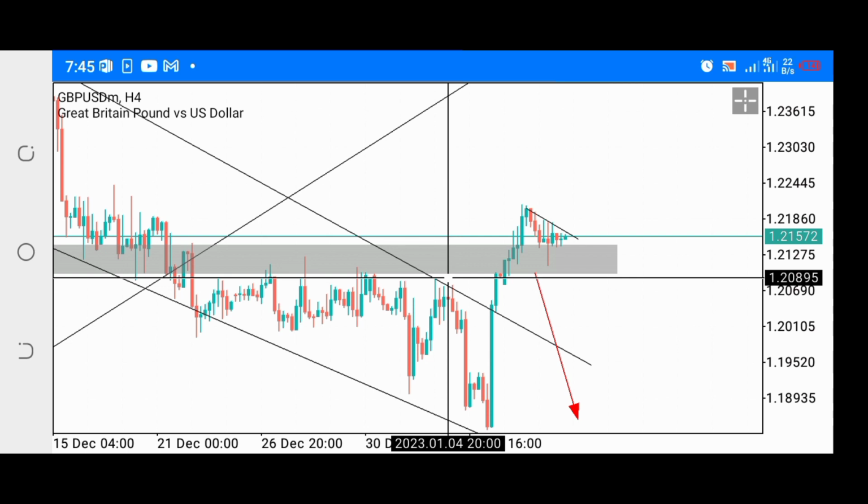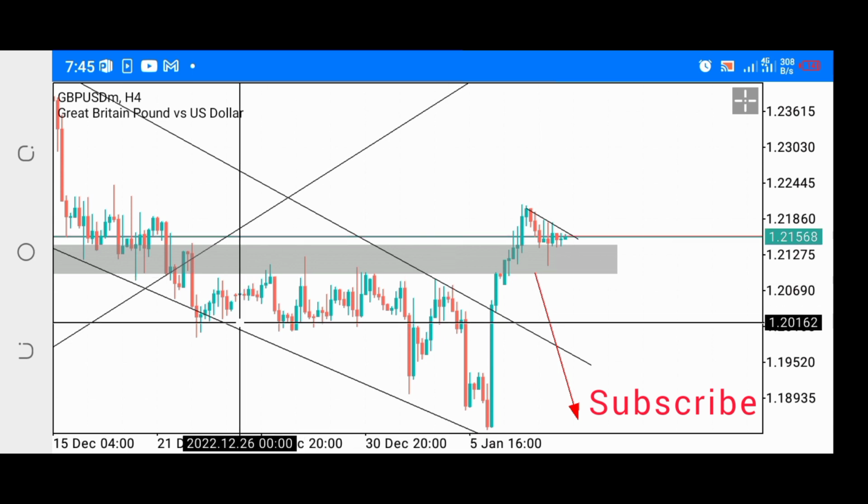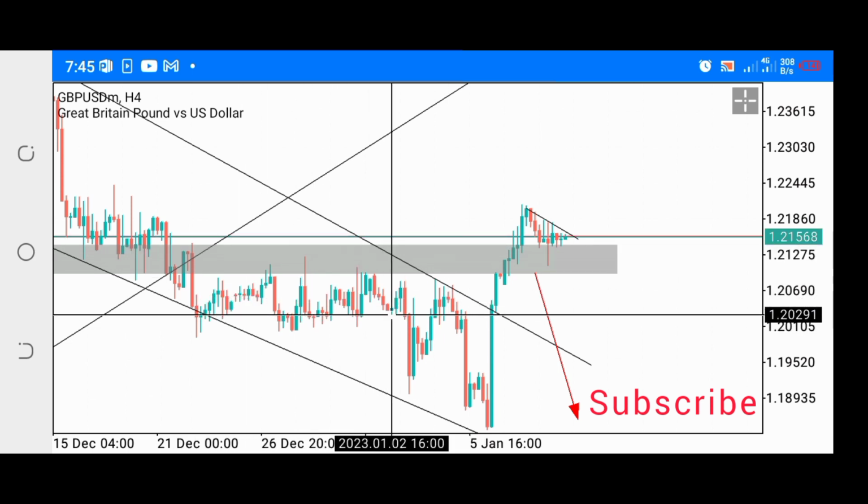Remember, this is a Christmas period in the market. There's less money in the market. All investors have taken out their money. Everyone is on holiday mode. So price has to consolidate for a long time to collect orders.